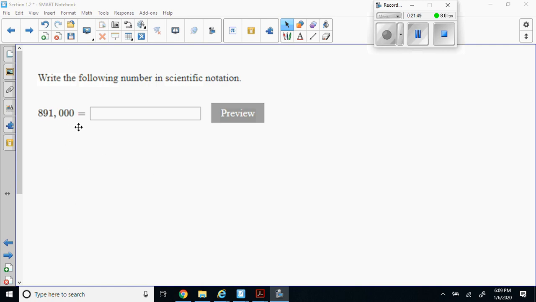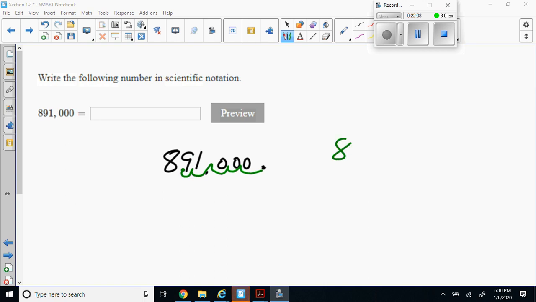So, is it in scientific notation to begin with? No. So let's look at this. 891,000, there's that decimal. So I'm going to move 1, 2, 3, 4, 5. Why am I stopping? 8.91. Why am I stopping in front of the 8?